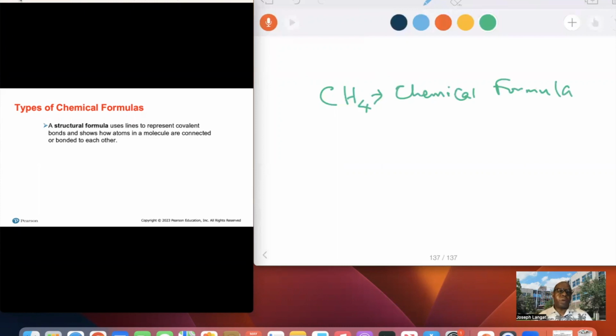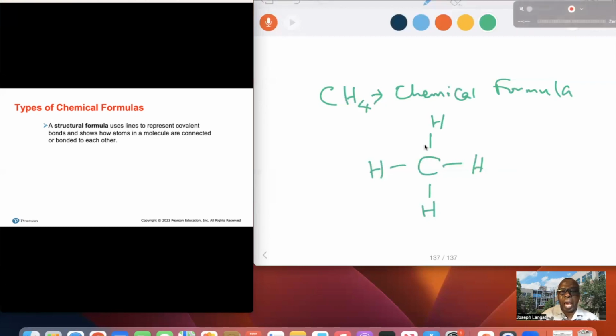Structural shows the connection. It uses lines to represent covalent bonds, the sharing of electrons. You see this? It is bonded to 4 hydrogen. By the way, you should know how to write this. We're going to come back to that, but you see, we have used lines to show covalent bonds, the sharing of electrons.